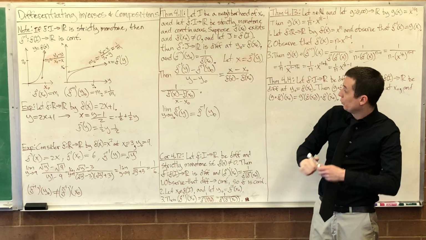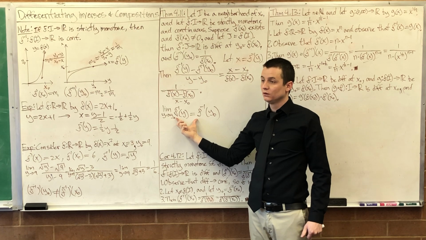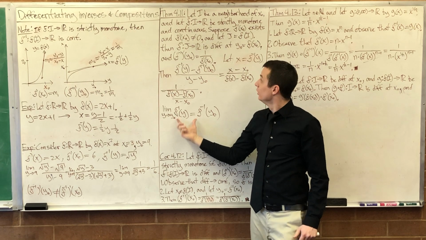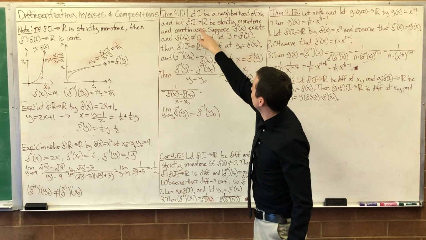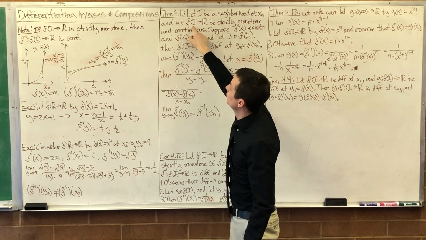Okay, so we know that the inverse function is continuous. How do we know that? Because f is monotone and it's on an interval. Sorry, it's on an interval and it's strictly monotone.